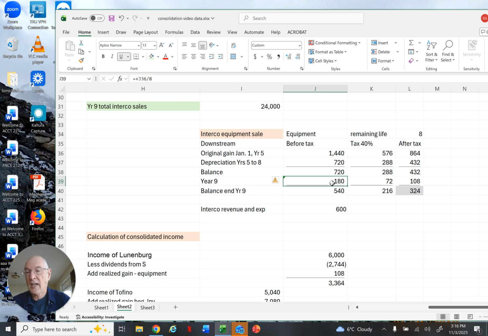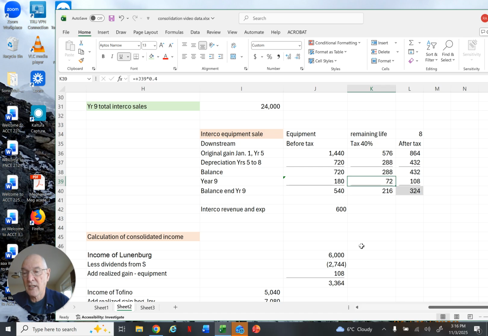So that 180 has, we've said, been earned through their use of that machinery. So the parent sold this to the subsidiary. So we're saying our depreciation expense is going down. And once again, if we lower an expense, our income goes up. So we're not saying that we made another 180 in revenue, we're just dropping depreciation expense. And the related tax is 72.